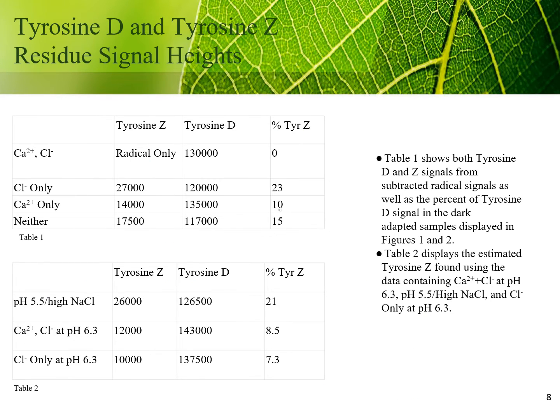This slide shows the Tyrosine Z and Tyrosine D residue signal heights. What these two tables show is that the amount of Tyrosine Z formed is directly related to how much electron inhibition is present at the manganese cluster. In Table 1, the sample with calcium chloride is the same as shown in figures 4 and 5 in the previous slide, and it was seen that no tyrosine Z was noted in this signal.